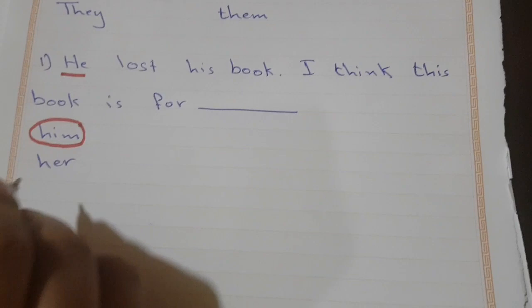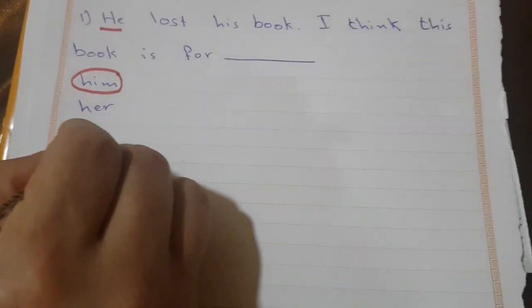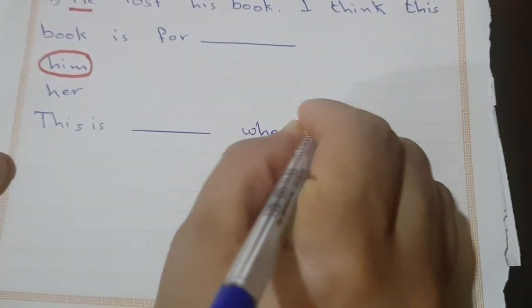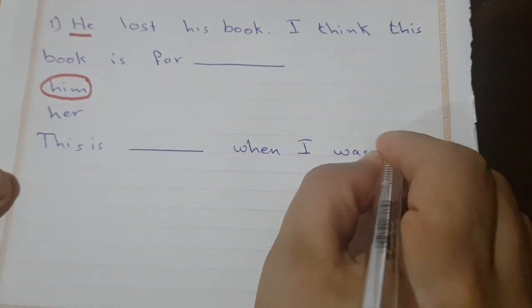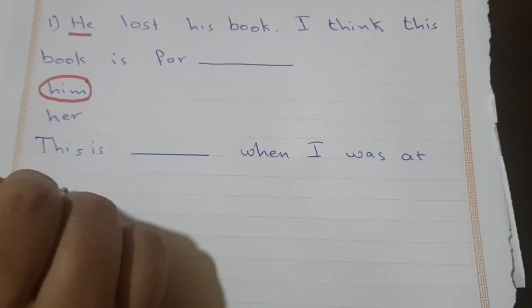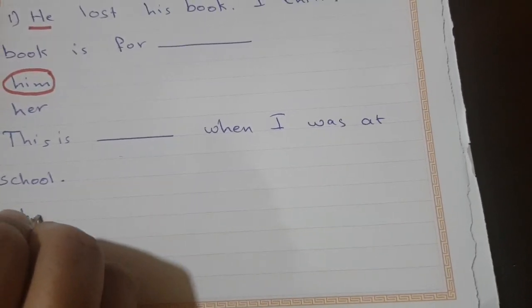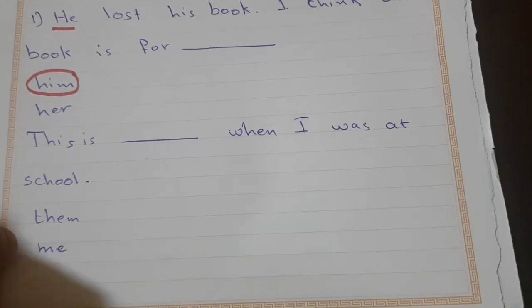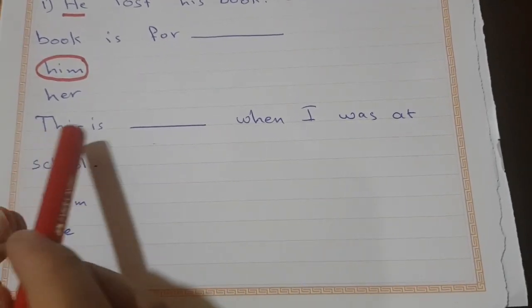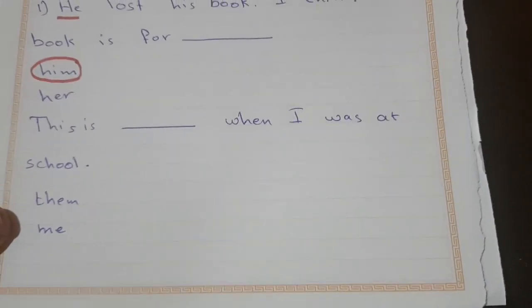Number 2, this is what? When I was at school. This is them or me. Now, what is the key? This is when I was at school.